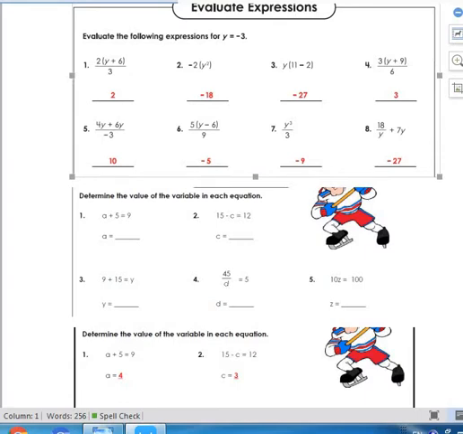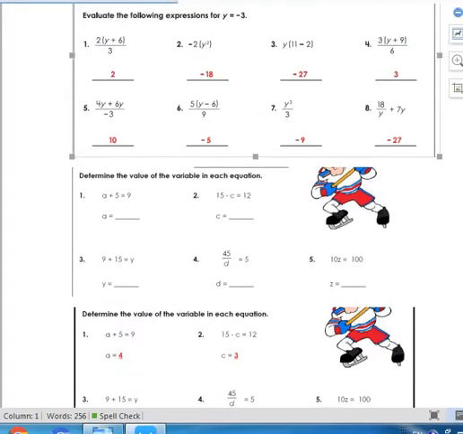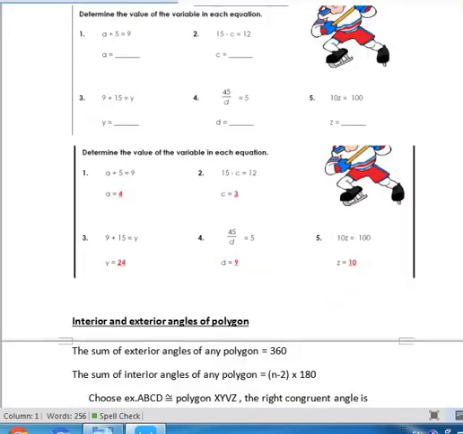This is how to evaluate expressions. Don't forget, write it down: parentheses, exponent, multiplication, division, addition, subtraction. Study this well.